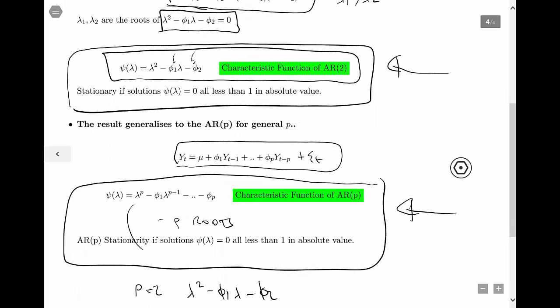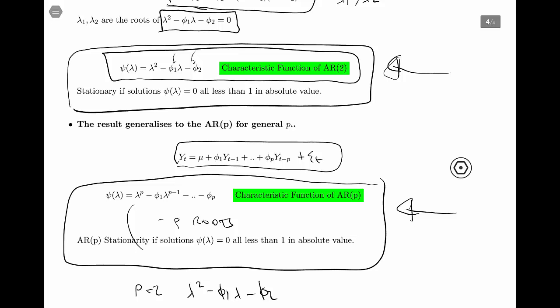You don't need to be able to prove formally why these conditions give stationarity, but you can see the intuition from the example before: if any of these roots weren't less than 1 in absolute value, the process would be explosive. So that is the end of the discussion on the lag operator and stationarity in AR2 models.